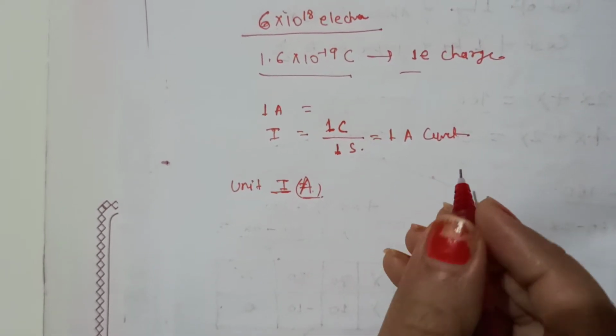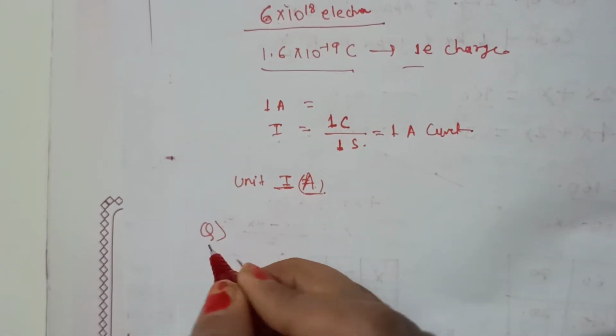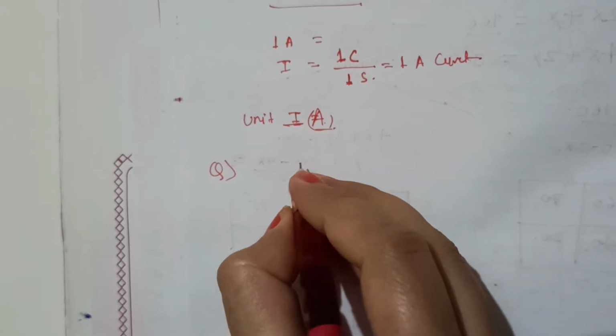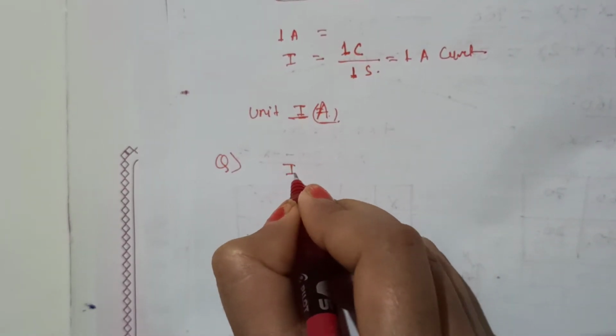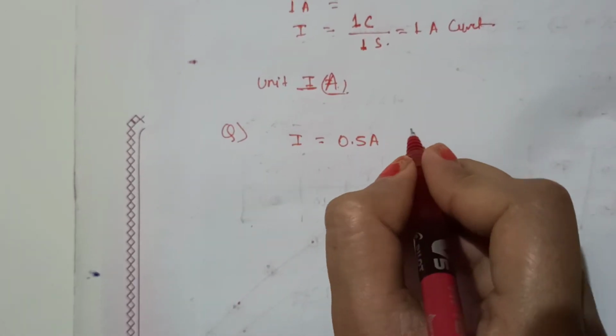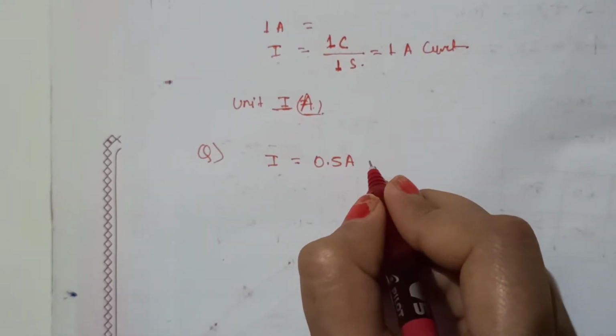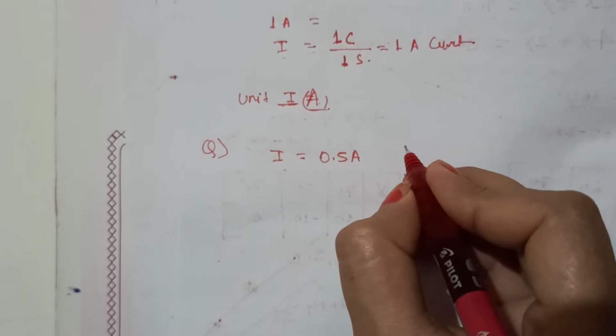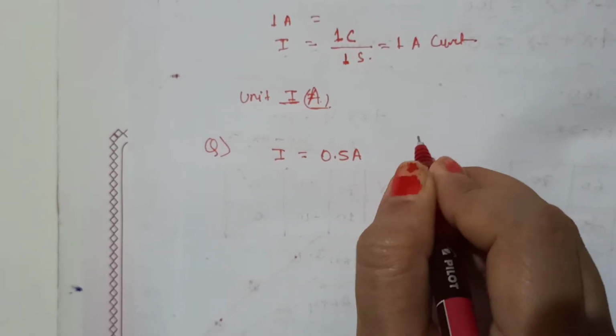Now we'll see one example in your NCERT. A current of 0.5 ampere is drawn by a filament of an electric bulb for 10 minutes.